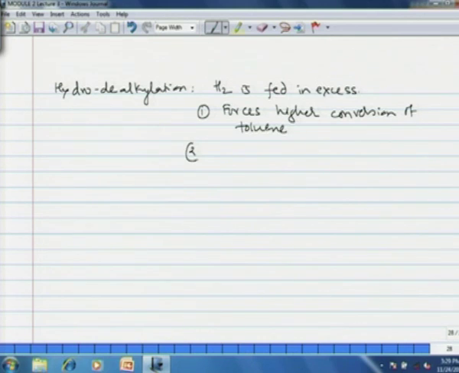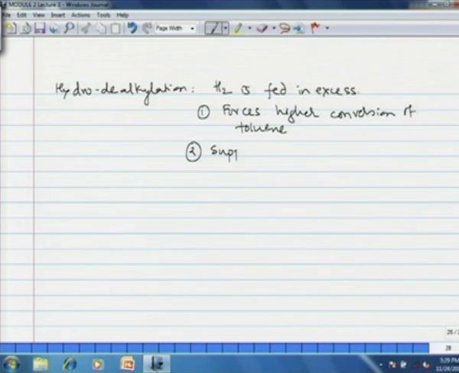Since hydrogen is also formed in the side reaction, a reversible side reaction, excess of hydrogen shifts the equilibrium to left towards the benzene side. So, it suppresses diphenyl formation.